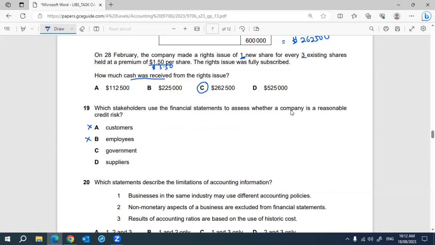Not employees, because it does not concern them. Not the government. Finally, it is the suppliers. So what they're asking here is whether or not to grant credit. So suppliers will be most concerned about this. So therefore, the answer is D.